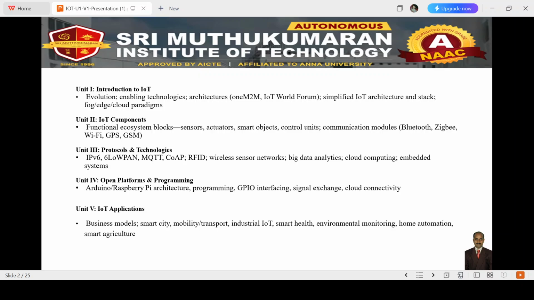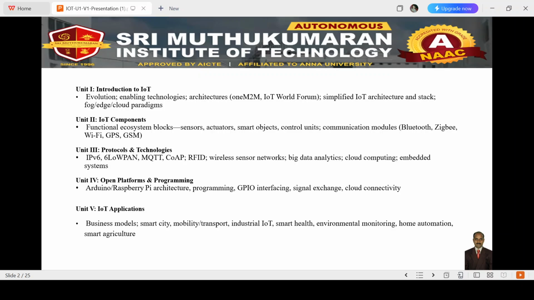It can be either analog values or digital values. Next, signal exchange: how do we exchange the signals that we send and receive? And cloud connectivity. IoT mainly works on the platform of the cloud, so cloud connectivity also we are going to see in this Unit 4.